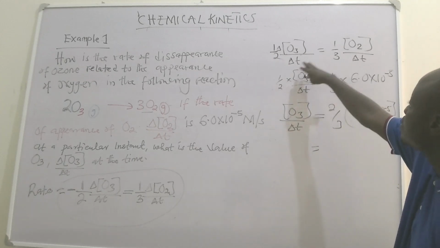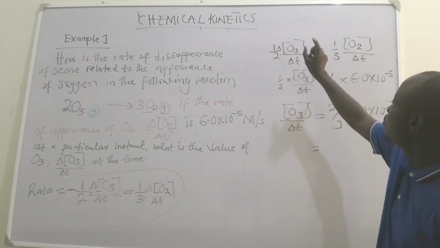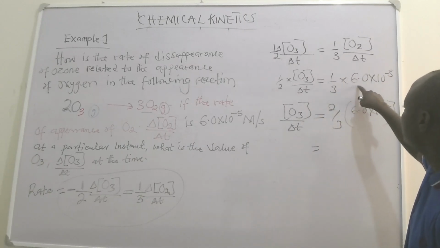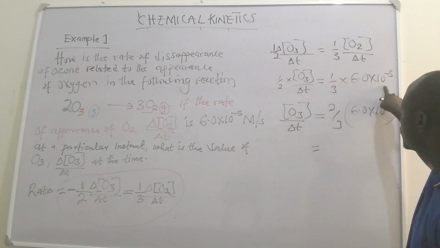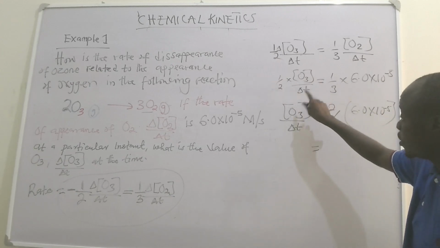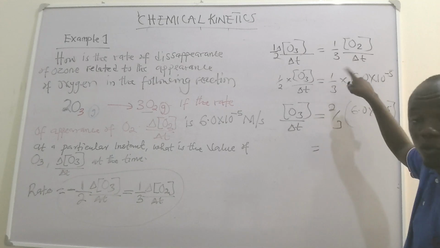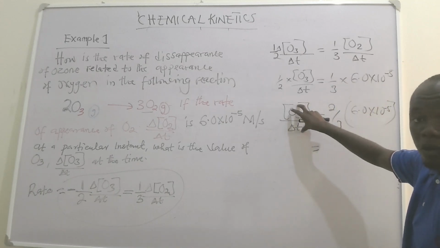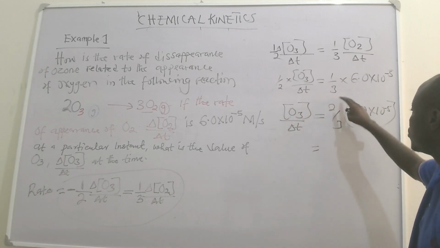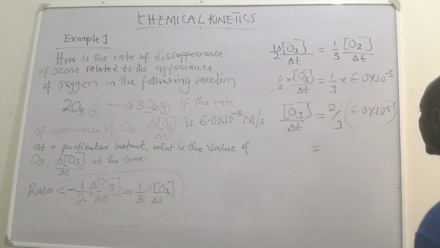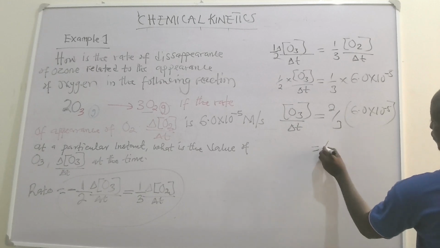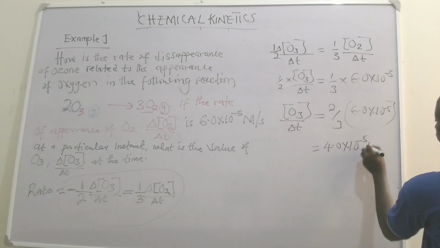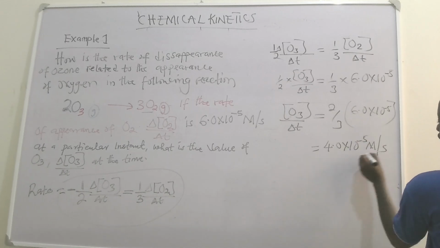From this you see that we have that of ozone and that of oxygen, and the rate of oxygen is already given as 6.02, and that of ozone is not known. And here we have 1 over 2, so we have to cross multiply. Then the rate of ozone is equal to 2 over 3 times that, and after we multiply this, we have 4.0 times 10 raised to the power of minus 5 molar per second.